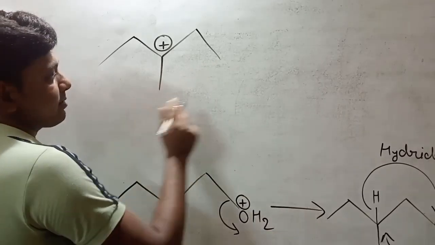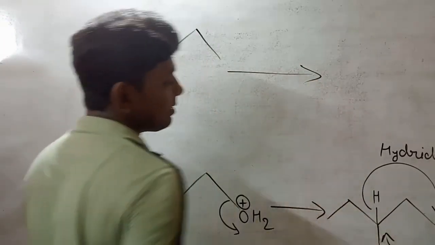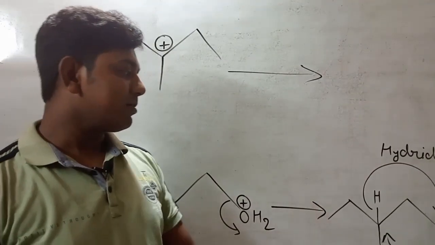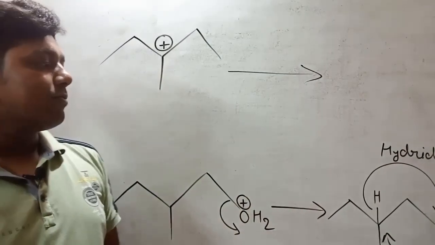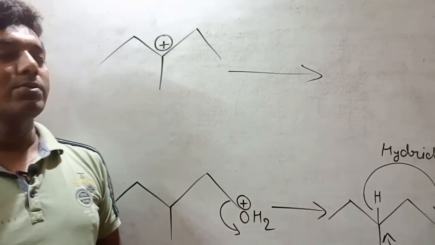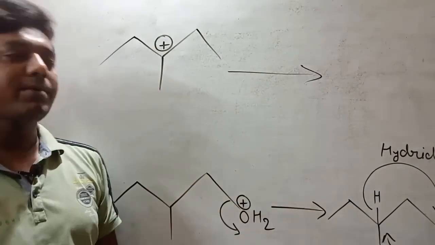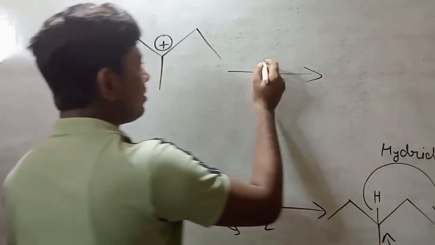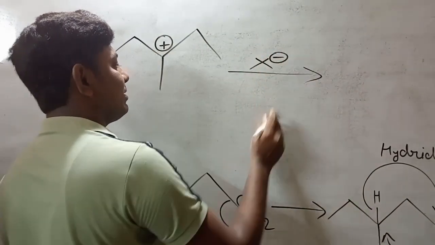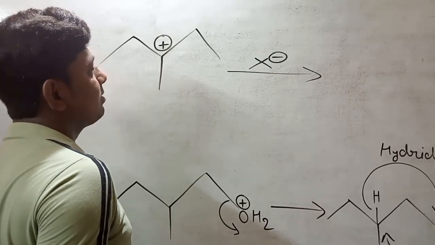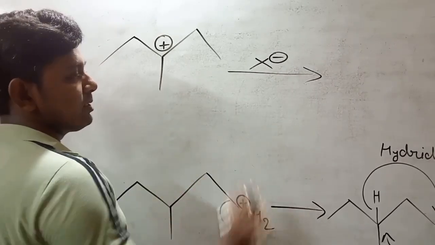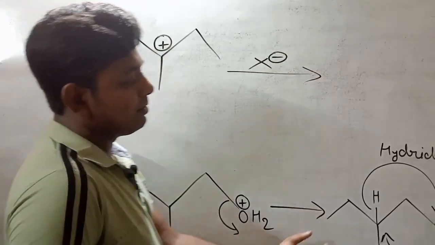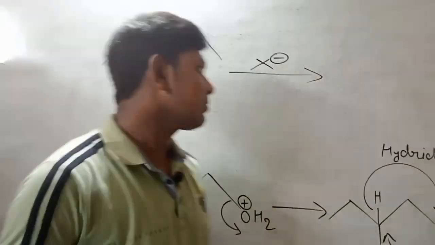This is the second step. Why does the carbocation move towards the 2 degree carbon atom? Because 1 degree is less stable compared to 2 degree carbocation. So carbocation stability is 3 degree, 2 degree, 1 degree. Then after that, the addition of halogen atoms is the chain termination step, and the hydride shift is called the chain propagation step.